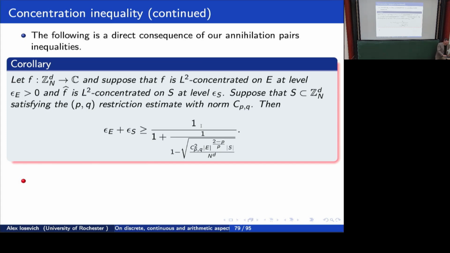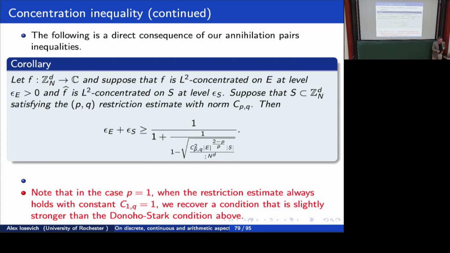And suppose that S is in Z_N^d, satisfying the pq restriction estimate with norm C_pq, then epsilon_E plus epsilon_S, these are the concentration constants, are bounded from below by 1 over 1 plus 1 over the 1 minus the square root of this quantity that we get from the annihilation inequality.